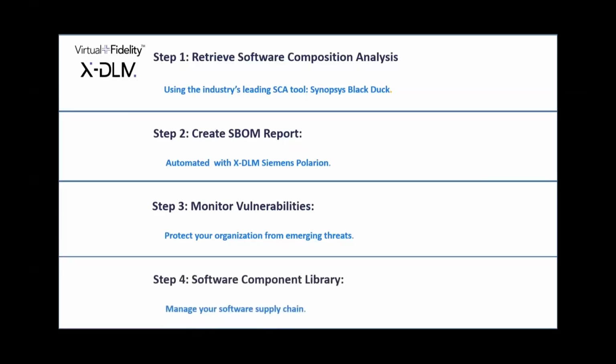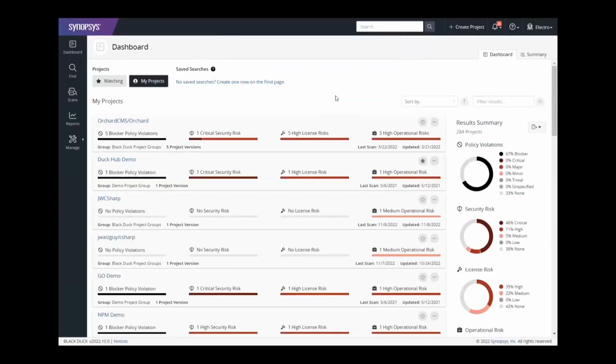Finally, X-DLM also creates a library of software components in Polarion for traceability and version control. This SBOM library of components can be used for organizations to manage contractors, projects, or an inventory of software for the company.